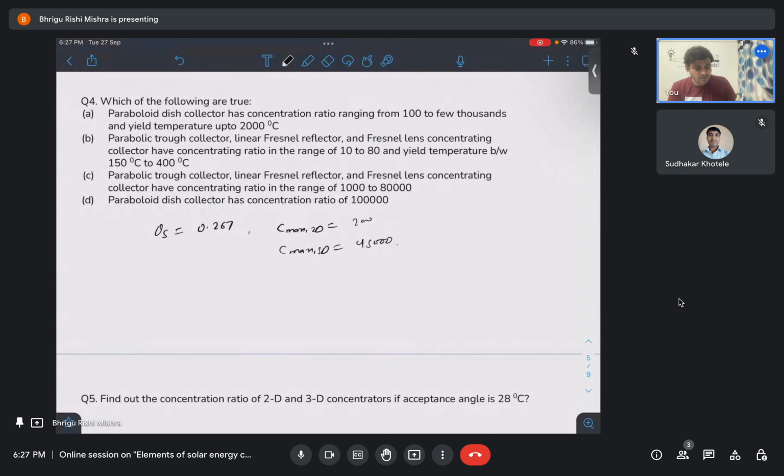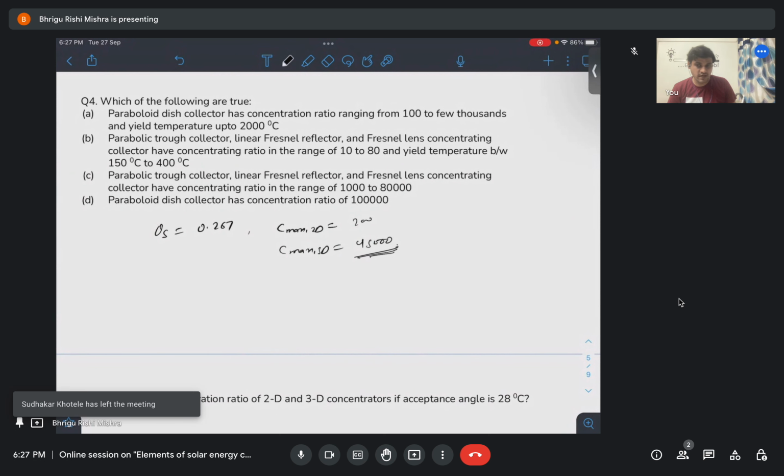So this is the upper concentration limit. Any 3D concentrator cannot have a concentration ratio greater than 45,000, and here it is saying 80,000, so this is not the correct answer. And also the paraboloid dish collector having concentration ratio of 1 lakh is not possible.